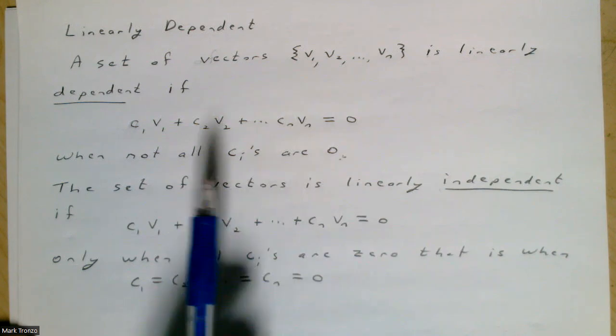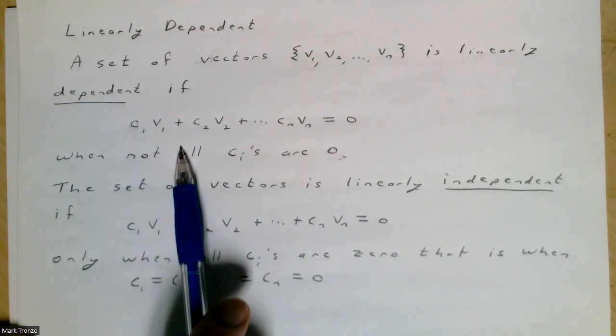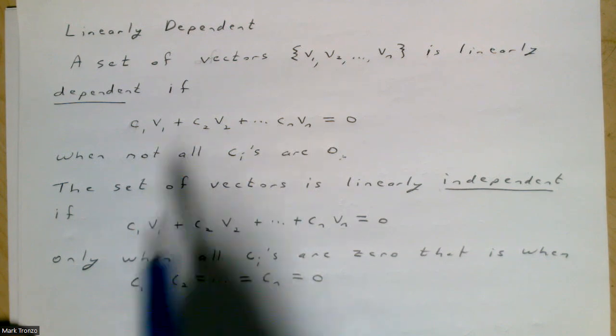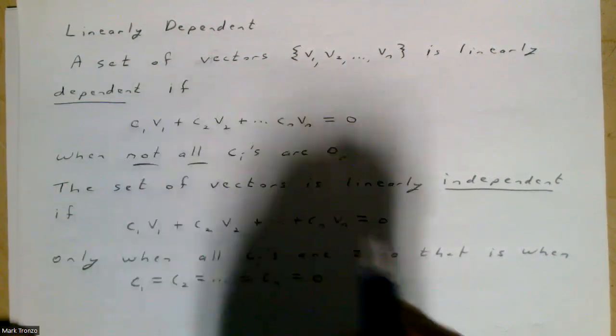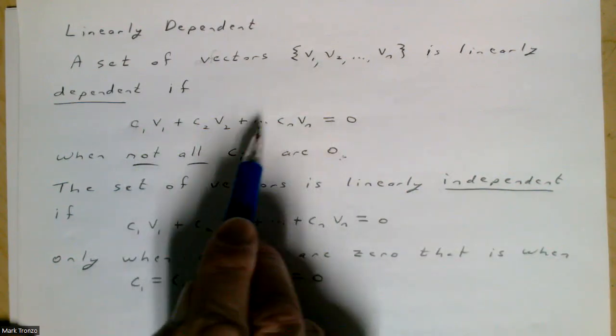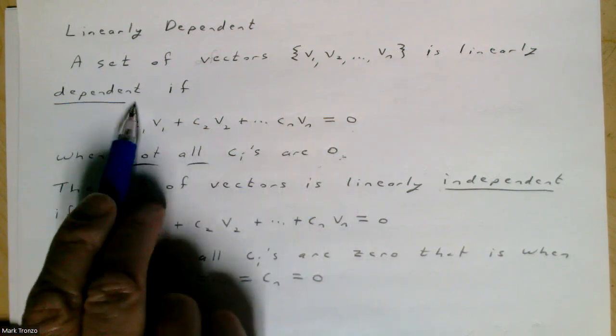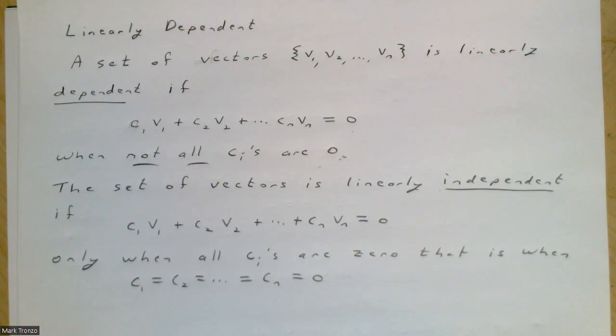On the other hand, if you can find some constants, they could be a mixture of zero and non-zero, as long as they're not all zero, such that this will come out to be zero, then they're linearly dependent.